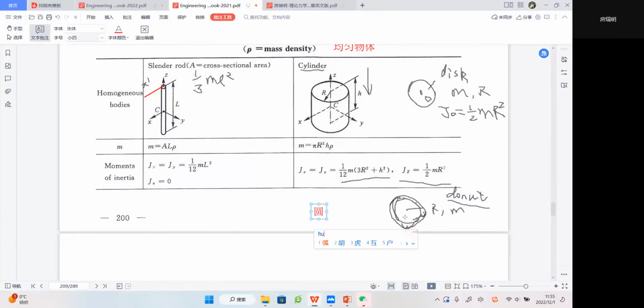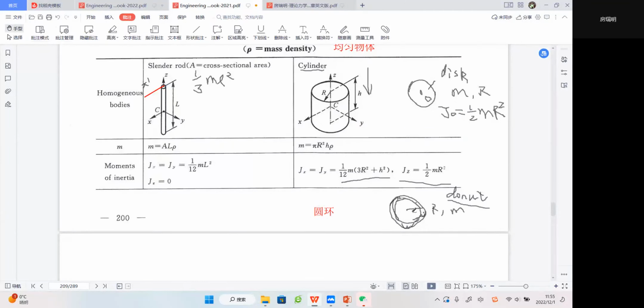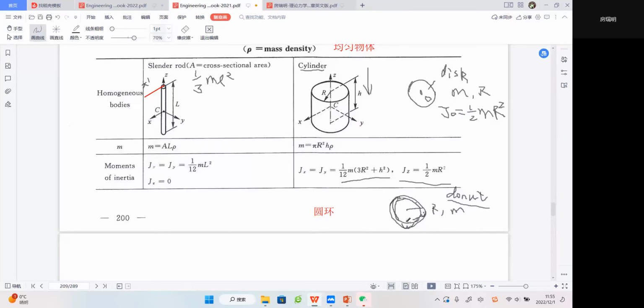Let's say this point is O. The axis through this O perpendicular to this plane figure is Go, please remember it will be m r squared, without this half.